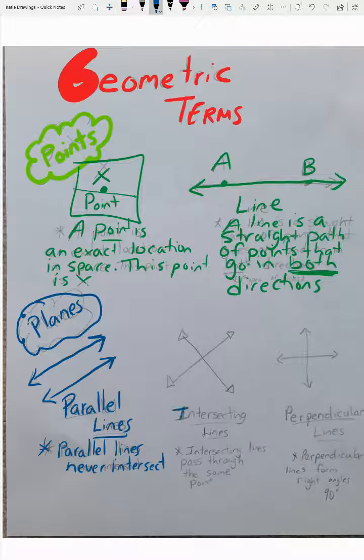The next line is going to be our intersecting lines. Intersecting lines almost look like an X, don't they? Intersecting lines pass through the same point.